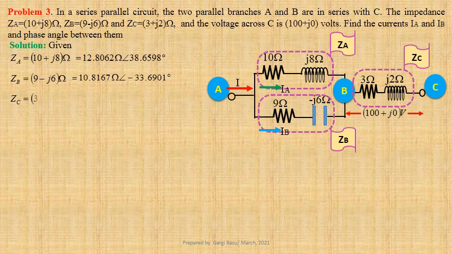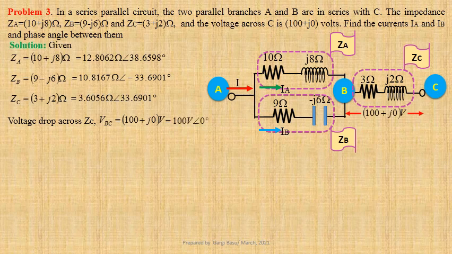ZC equals 3 plus J2 ohm, that is equal to 3.6056 ohm at an angle 33.6901 degree. Given voltage drop across ZC, VBC equals 100 plus J0 volt, that is equal to 100 volt at an angle 0 degree.